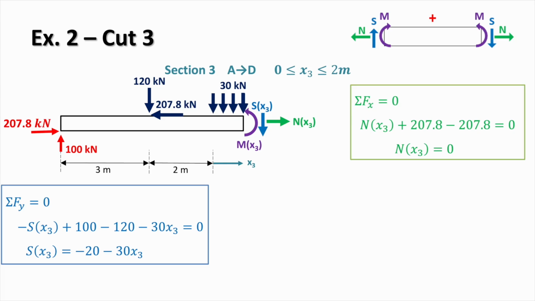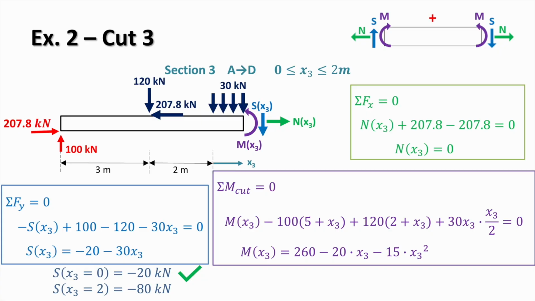So generally here, our equation for shear is going to be minus 20 minus 30x3. If we put in our boundary conditions, so what happens when x3 equals 0 and what happens when x3 equals 2, we get minus 20, which matches our previous value for shear, and we get at the end minus 80. So in this case, we can see that under the UDL, the shear force varies linearly.